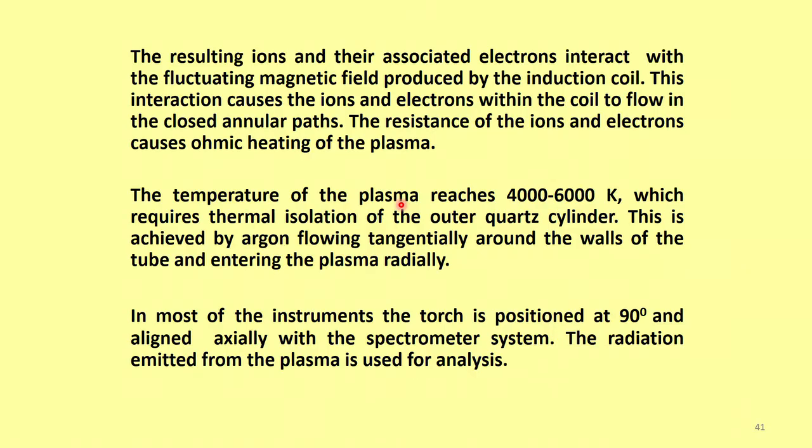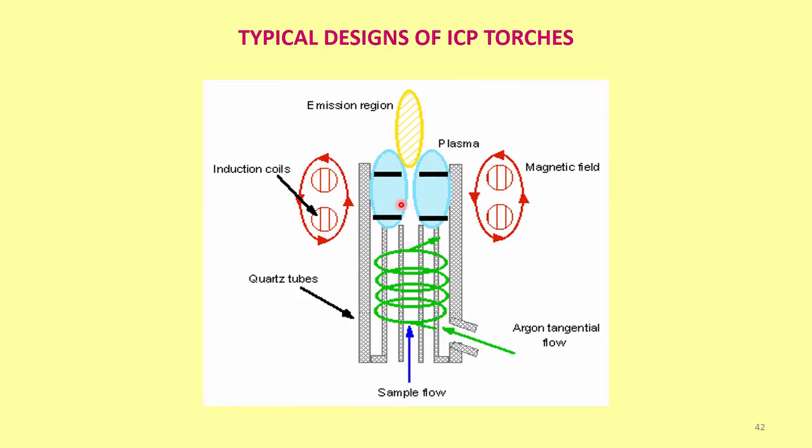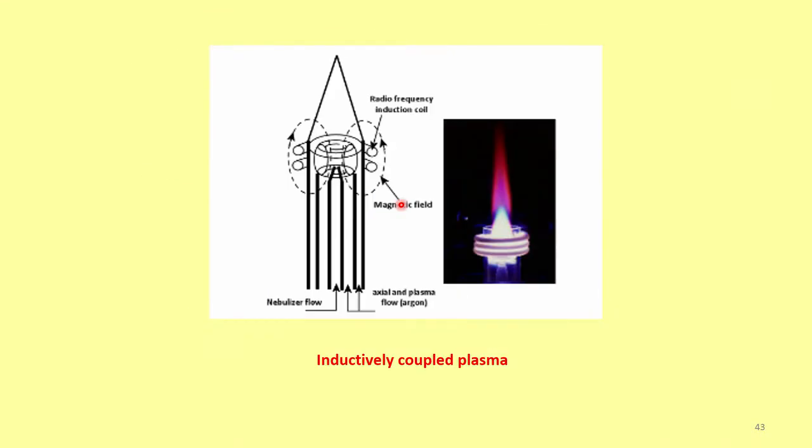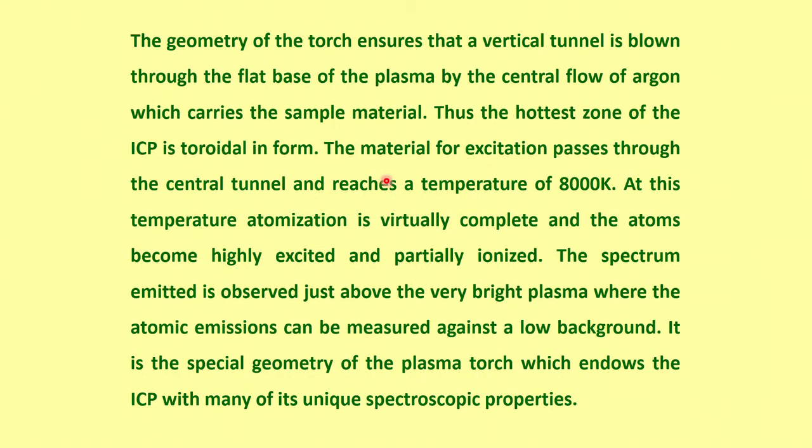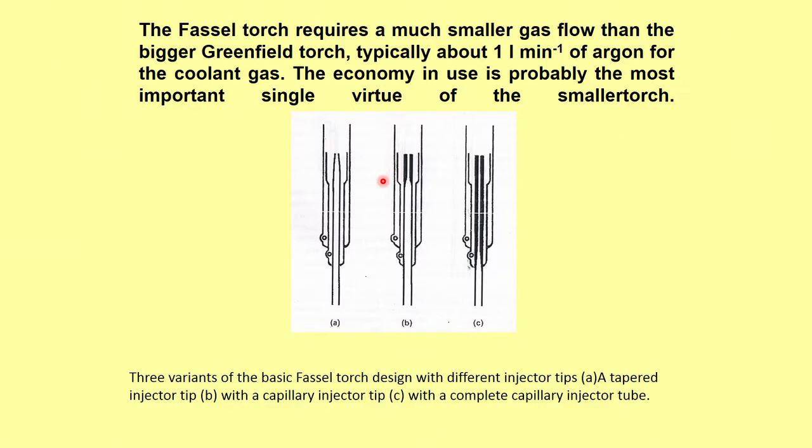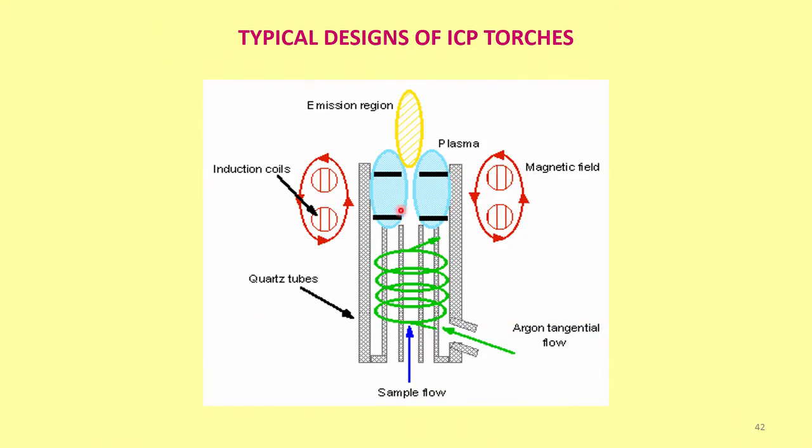Okay. And here also it is almost the same, it is just about a 2 millimeter difference between the top and bottom of this. Even in Greenfield torch you may feel there is too much difference, but this is only about 2 mm difference.